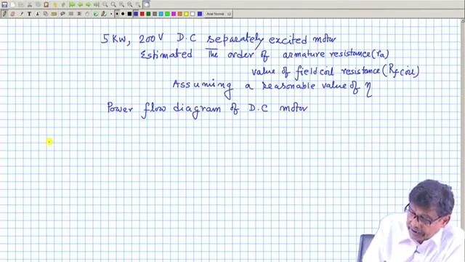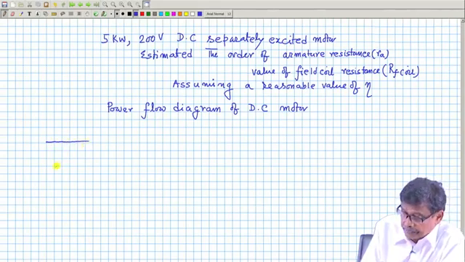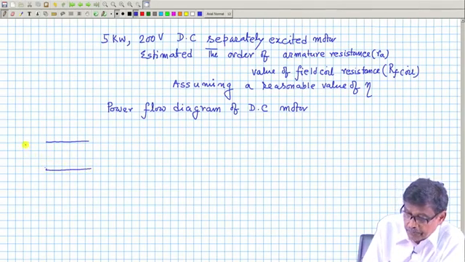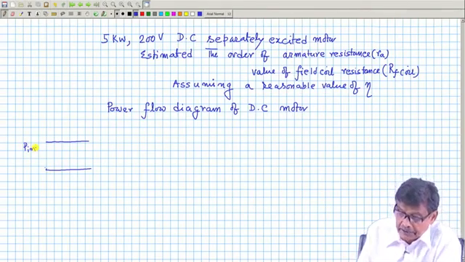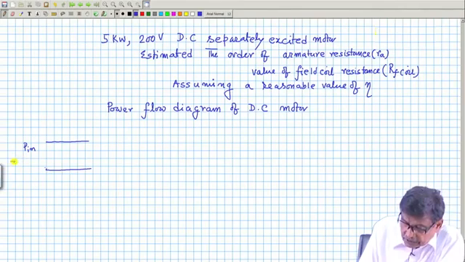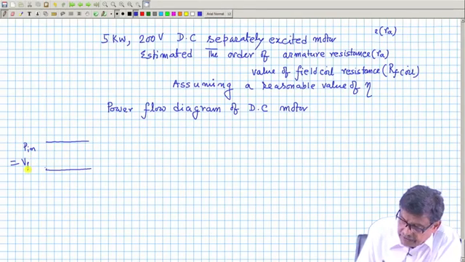So, here is the input power, P input. P input will comprise the electrical power input, which is V F I F plus V A I A.